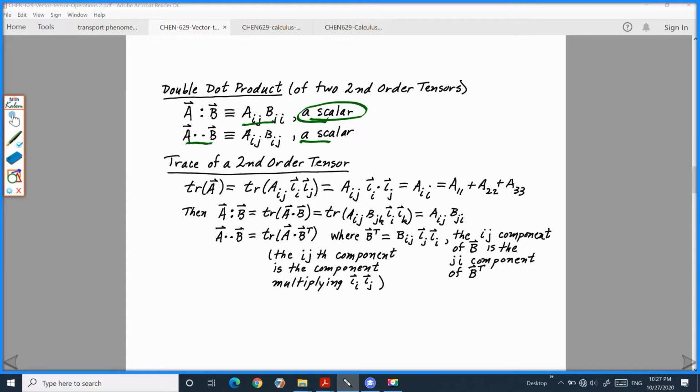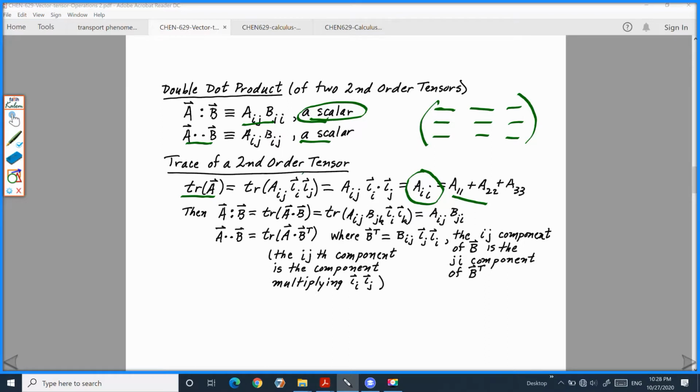Trace of a second order tensor. Let's say we want to find the trace of the tensor A. We can write the tensor in this form, then we have that, and we obtain that one for the trace of the tensor. That means, let's say you have some tensor with 9 elements, as I showed before. We can write these 9 elements in matrix form, like here.